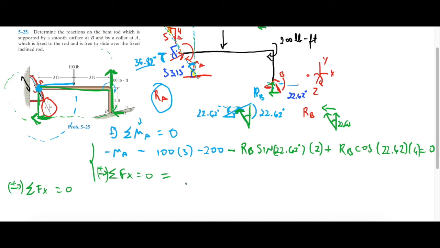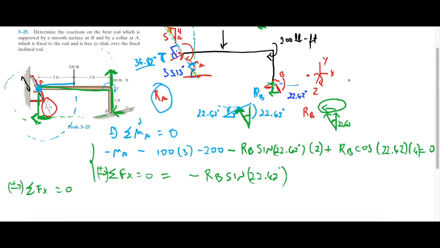Well, we wouldn't count the moments in this case, right? So the only forces acting that have components in the x direction are the reactions, right? So if I define positive to the right, we have negative RB sine 22.62. That's this guy right here going in the left direction, that's why I put the negative sign.